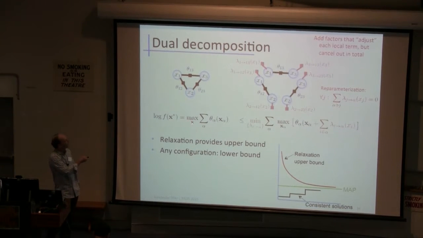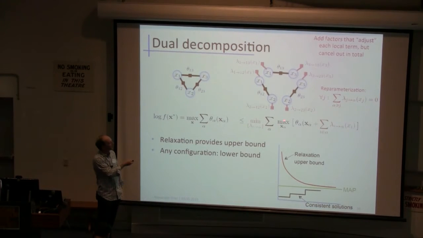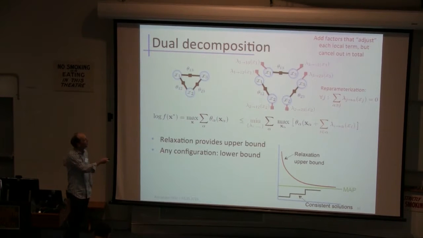Any joint configuration X gives us a lower bound, since it must be less than the optimum. So we can just take the individual cliques and select, for each variable, some clique to take that variable's configuration from. That gives us an overall configuration, and we can evaluate this objective.